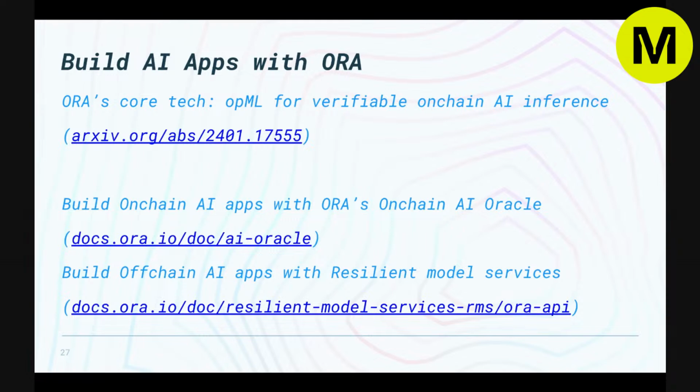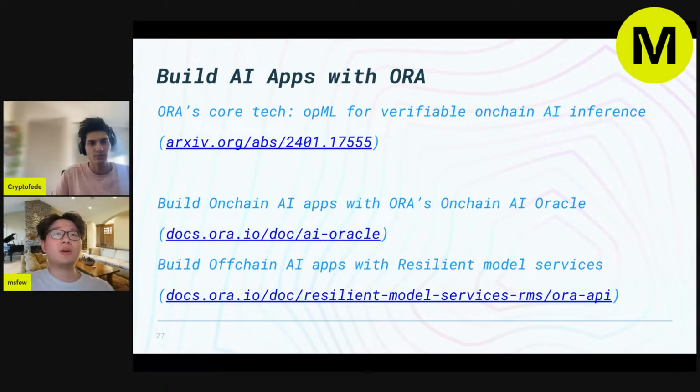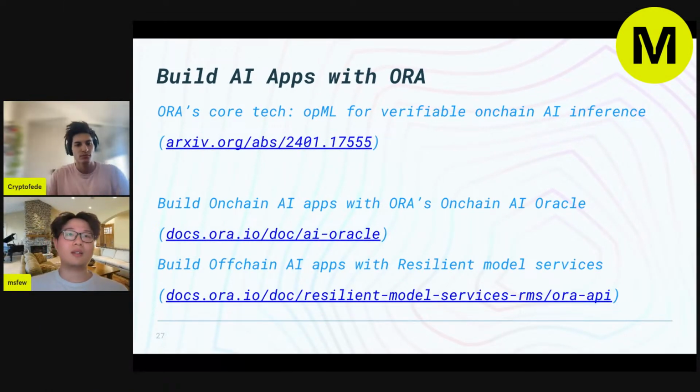For the other tools, for developers, you can take a look at the dev docs of on-chain AI Oracle and also resilient model services. And that's it for my workshop today. I hope you can build something very exciting with our infrastructure. And that's the end of my talk.